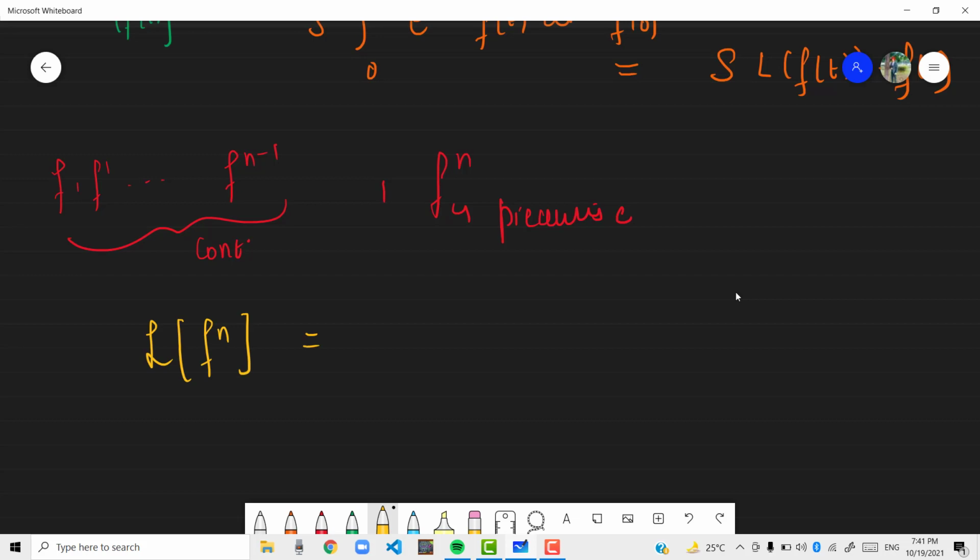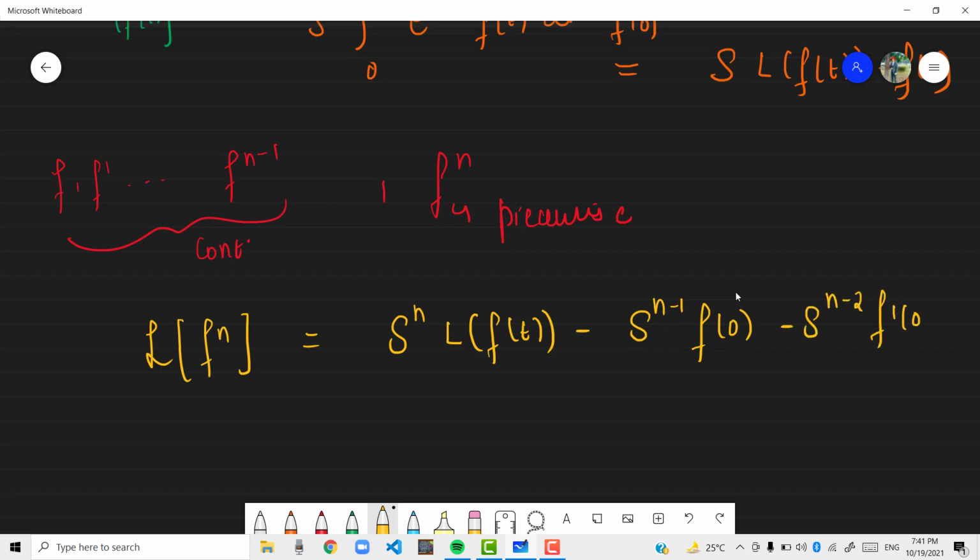Nth derivative of f using the formula s raised to power n, Laplace transform of f t minus s raised to power n minus 1 of f0 minus s raised to power n minus 2 f dash 0 and so on minus f n minus 1.